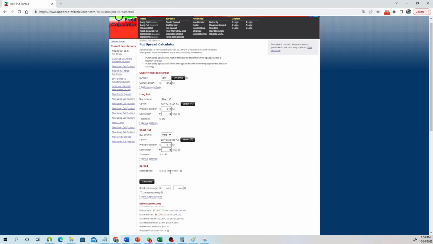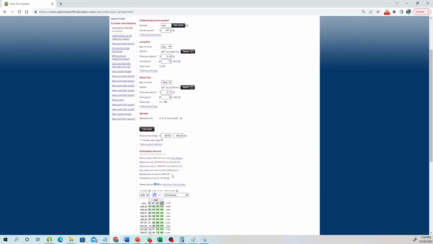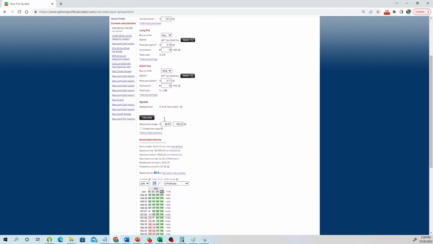Now, the difference of the spread is going to be the cost of the protection, which is $210, minus the profit I would have made of selling the contracts, which is $1,155. So if you do the calculation, to get into this transaction, I have received a credit of $945.